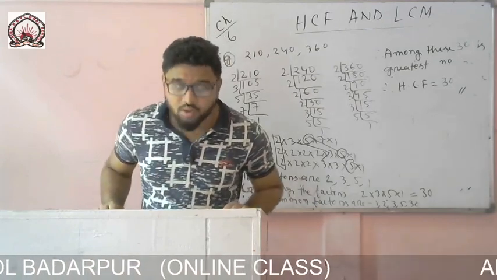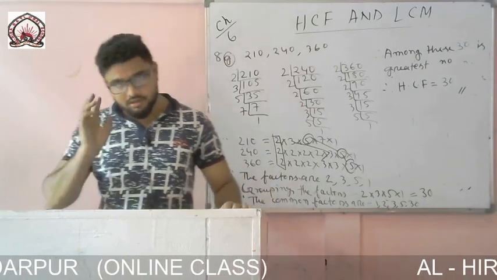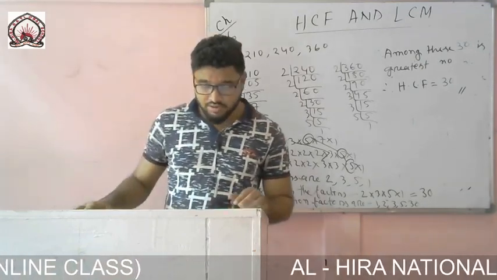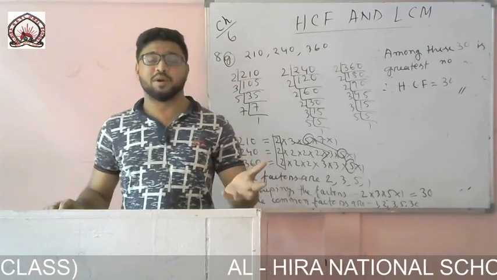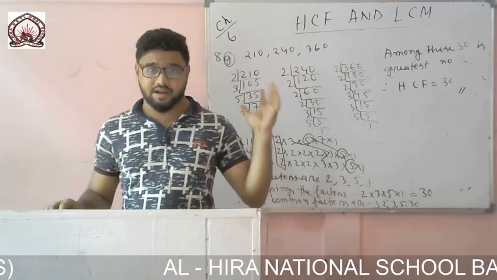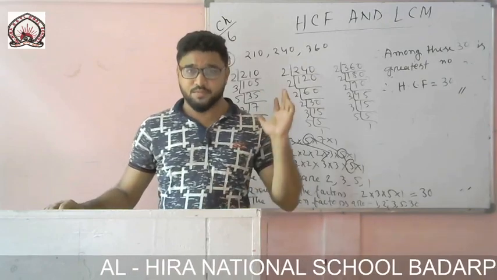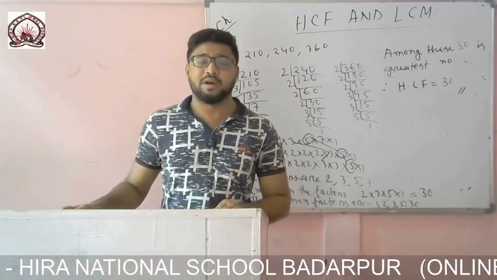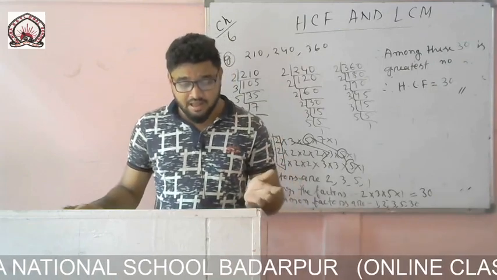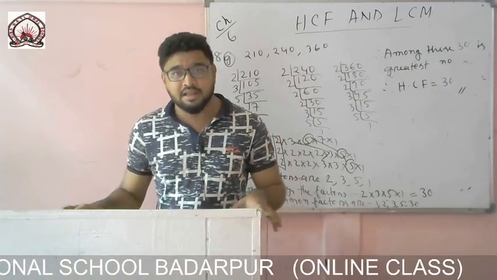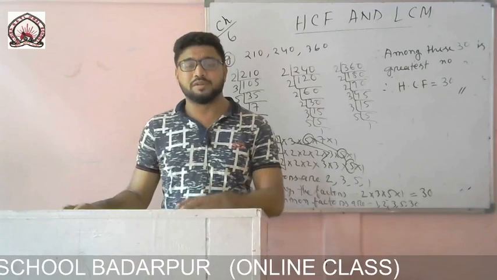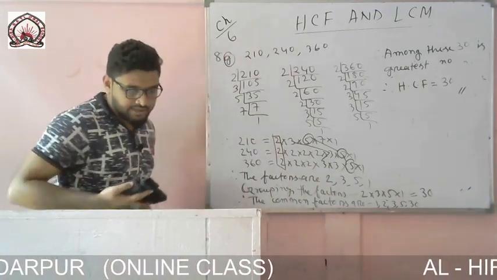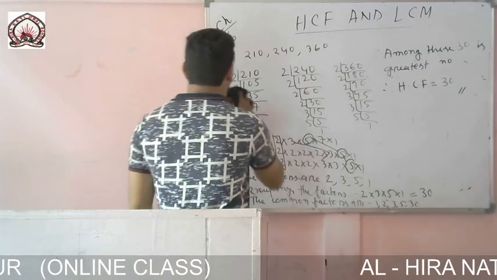Greatest number means HCF, as I discussed earlier at the first portion of the class. If we find the HCF of 54 and 81, then this number will be the required greatest number. Okay, so see exercise 6b.